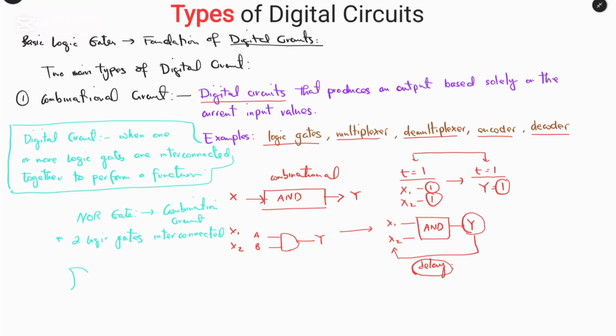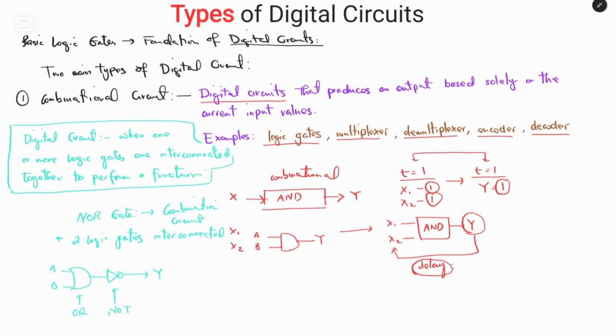We have inputs A, B going to an OR gate, which is connected to a NOT gate that produces the output Y. So from the definition, a NOR gate can be seen as a digital circuit.